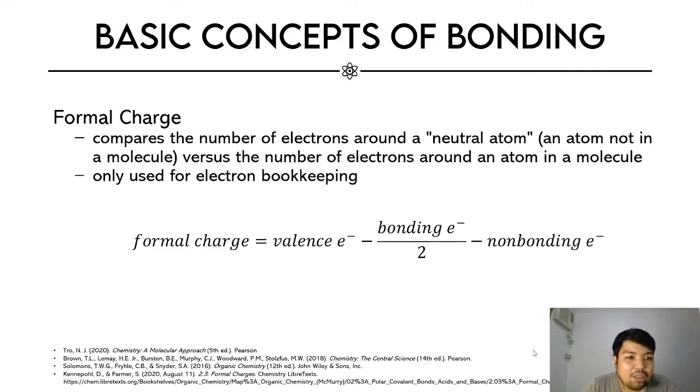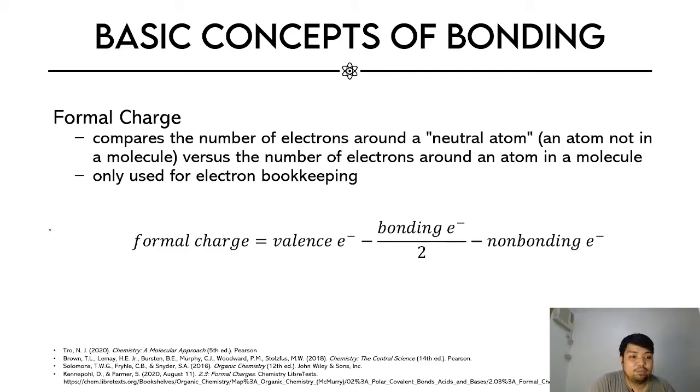We have to take note that this is not an actual charge of the atom in the molecule, so it only exists on paper, but we still do this because it is essential to keep track of how many electrons we have used in drawing our Lewis structure, and also to check whether the Lewis structure is valid or not.